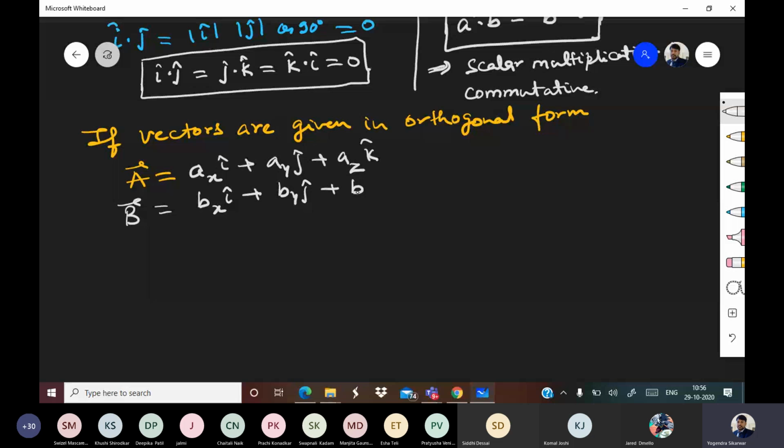That will be the value of a vector dot b vector. Please note.